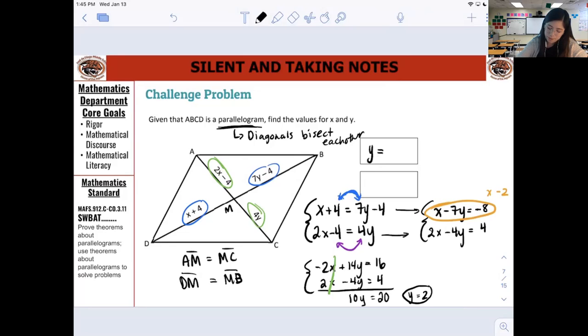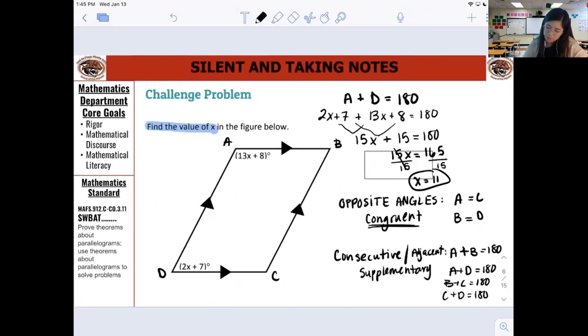So I have one of my values. What do I do with that 2? Don't we plug it back in to get our x? Yes. So plug it back into one of the original equations, any one, and then you'll get your x. So I feel like I'm going to plug it into the one that I circled in orange. So I'm going to plug it into that one. Oops, sorry.